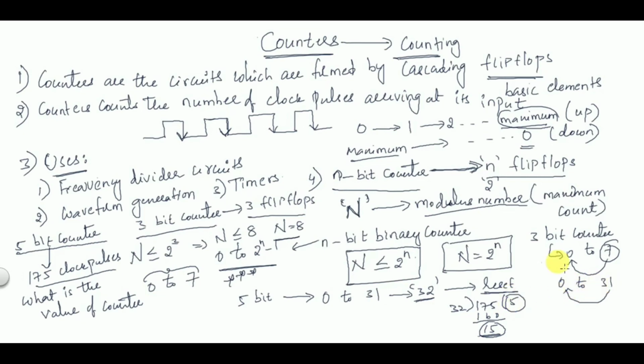From 0 to 31, it repeats 5 times. In the 6th cycle, because only 175 clock pulses are given, the remainder is 15. So the value of the counter will be 01111, which is equal to 15.